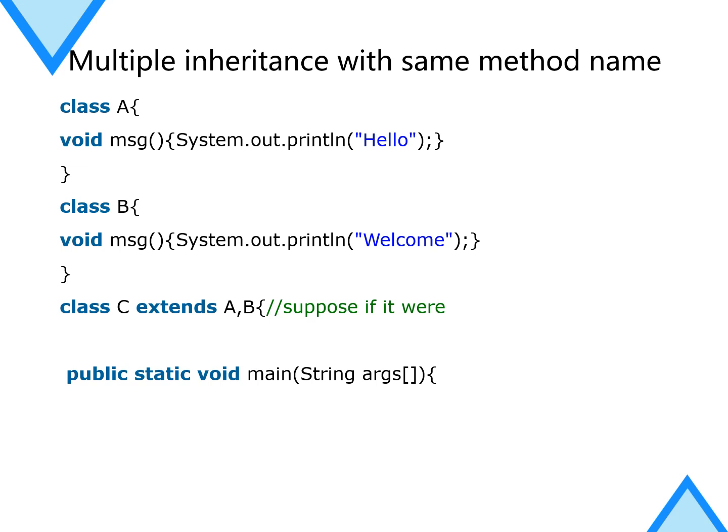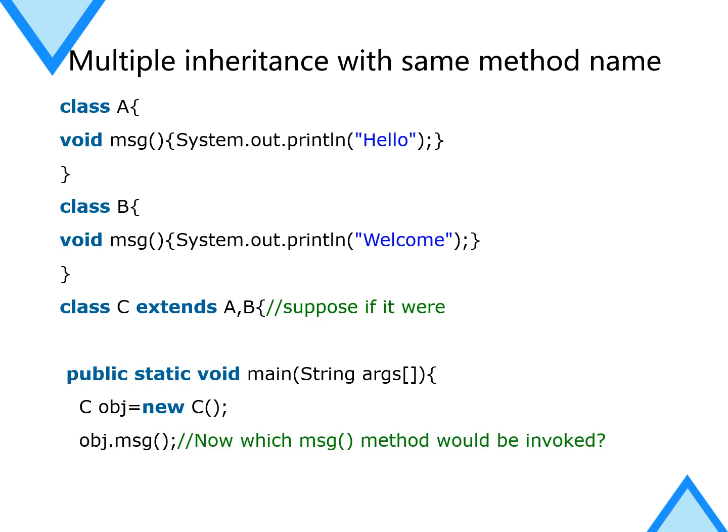Public static void main, this is the main method, and now we declare the object of class C and call the method. Here it will create ambiguity. In Java you cannot do it; it will result in a compile time error. But in other languages like C++, if we keep the function names different, we can do multiple inheritance without any error.